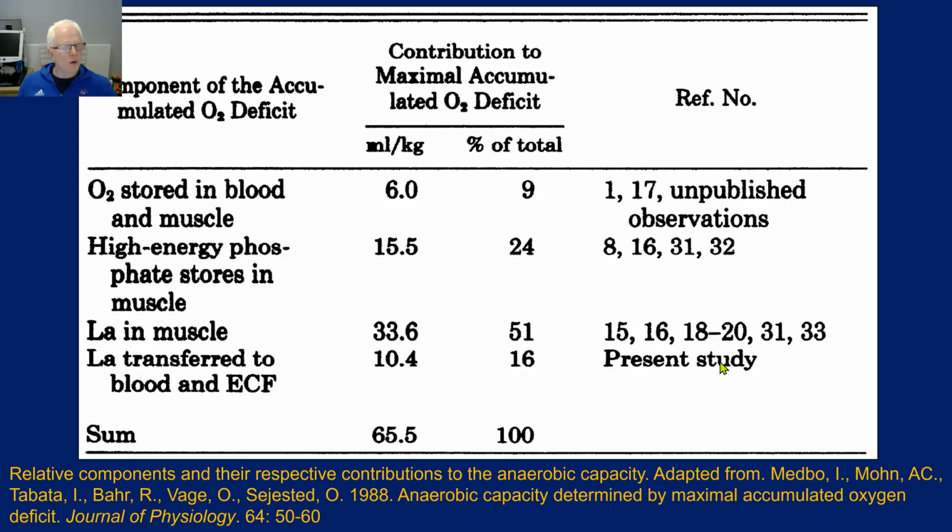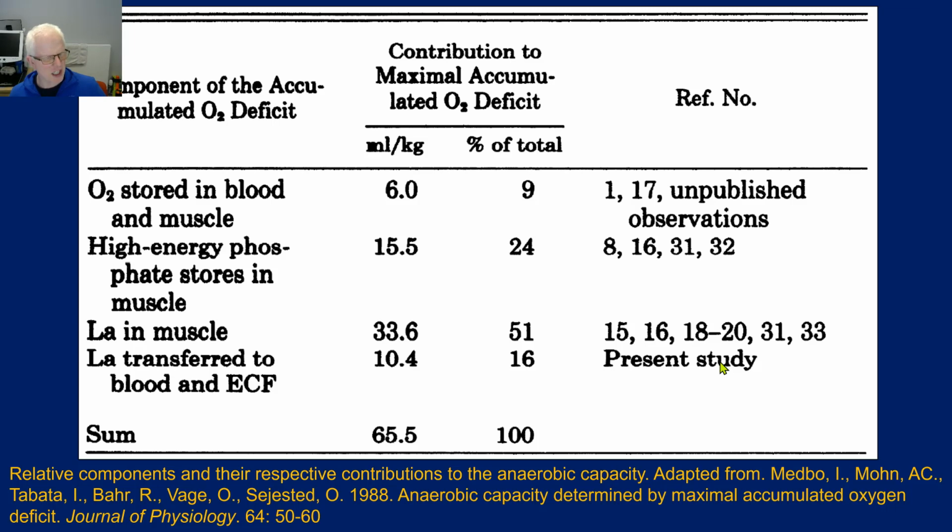So this is just O2 stored potentially in myoglobin, and that contributes because it's used to provide the environment for the ATP. So there's a 9% contribution. 24% is coming from the high energy phosphates. So ATP, PCr, adenylate kinase.